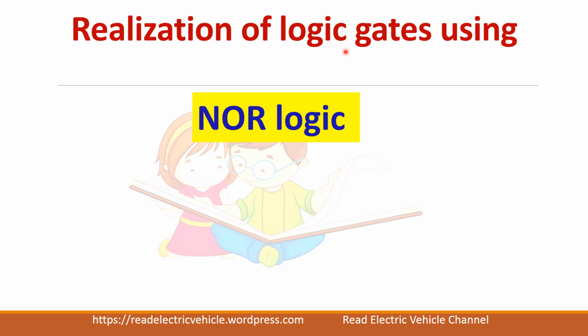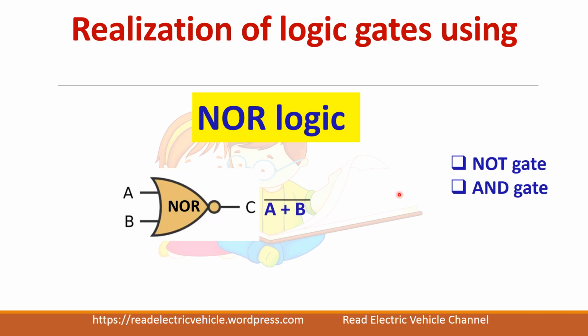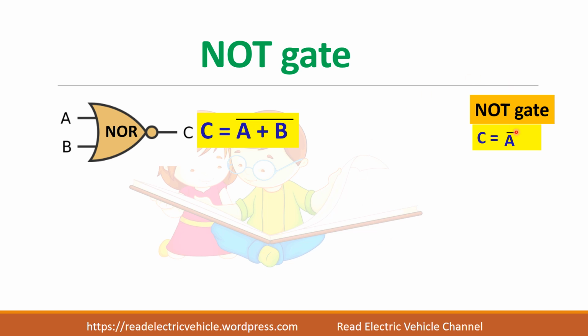Next we will realize the logic gates using NOR logic. So NOR gate output is (A plus B) the whole bar. Again we have seen NOT gate means C is equal to whatever you give, you should get the complemented output, C is equal to A bar.